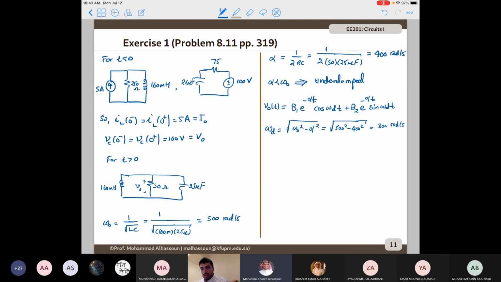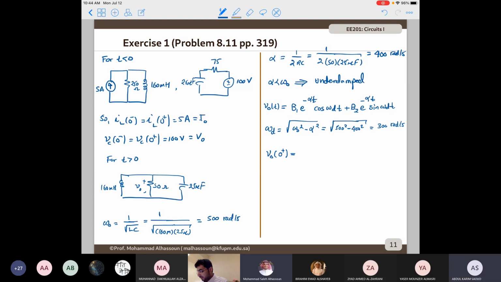Okay, what else, Abdulkarim? I need B1, which is the initial voltage. So how do we find it?